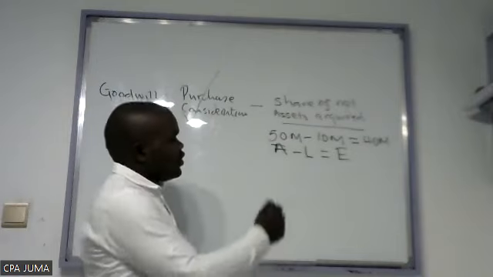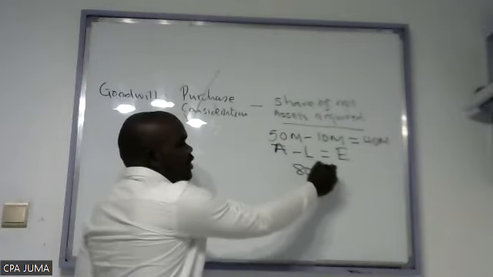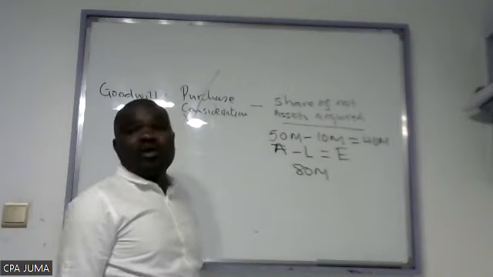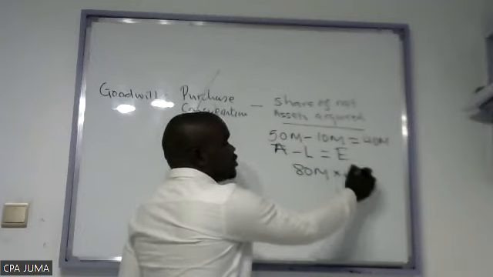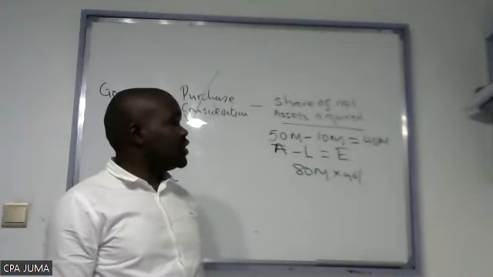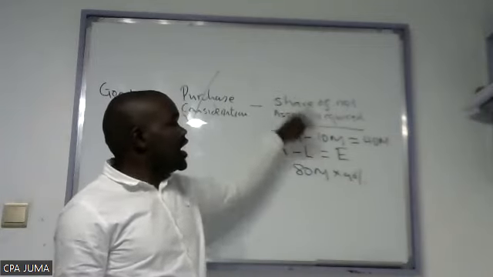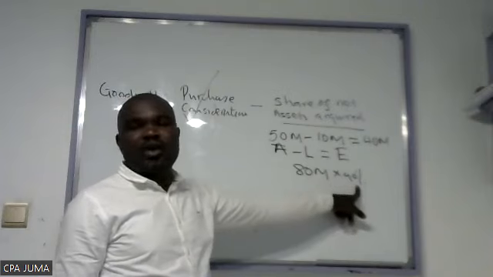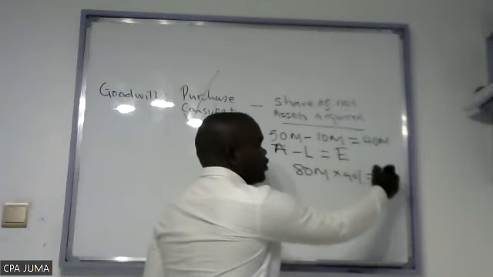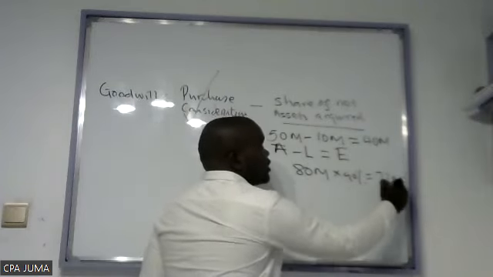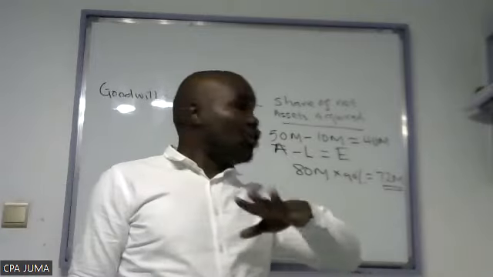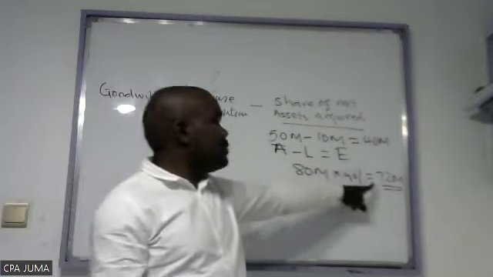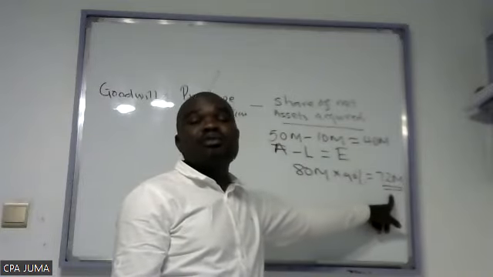Then you realize the total was 80 million. Parent is acquiring what percentage? Is acquiring 90%. So we don't give them the entire equity. We only consider net assets at the percentage acquired. So this is 72. So it means on fair ground at the break-even, no loss, the company should be sold at 72 million.